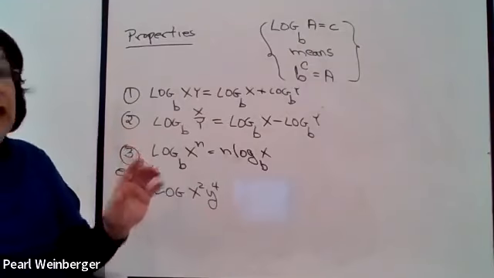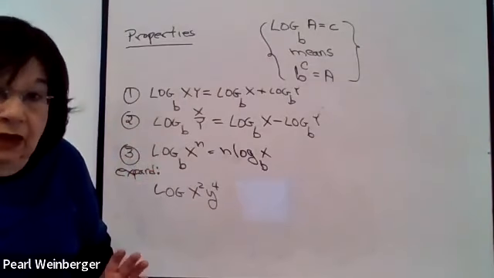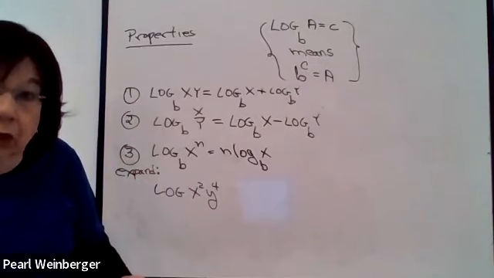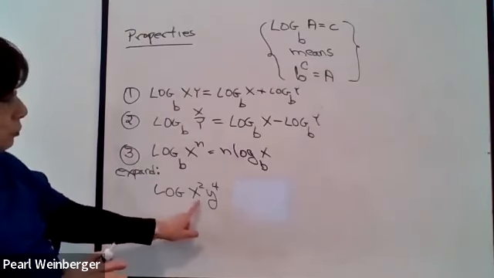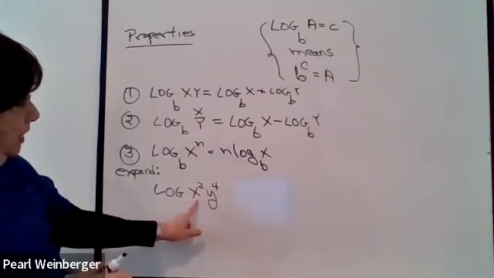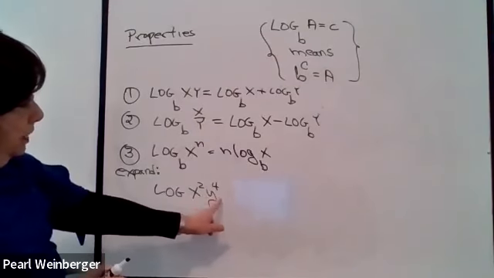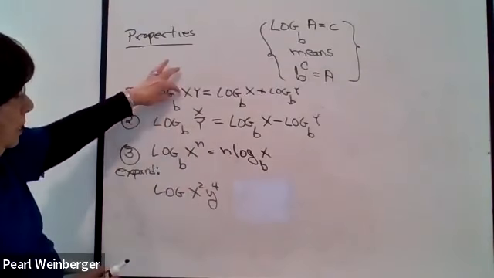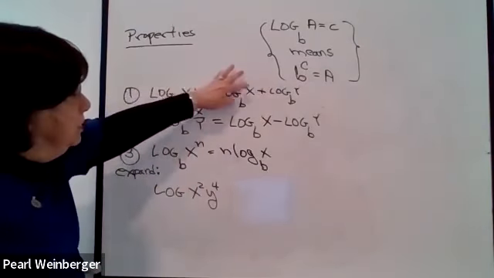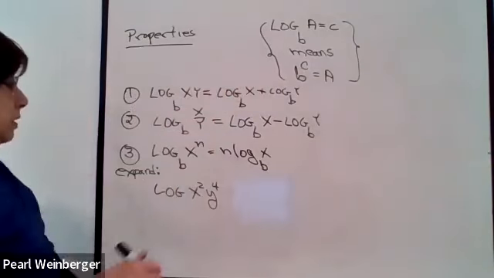So the first thing I look for is anything that has to do with either multiplication or division. And in this case, we have two things being multiplied. We have the x squared being multiplied by the y to the 4th. So I know from the rule that when I'm multiplying things, what I do to their logs is add them.